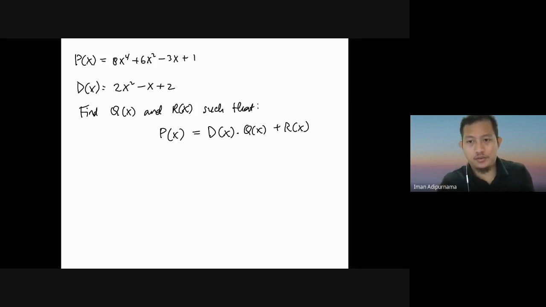You can try to calculate first and make yourself familiar with long division.